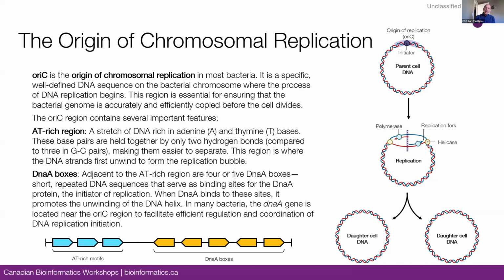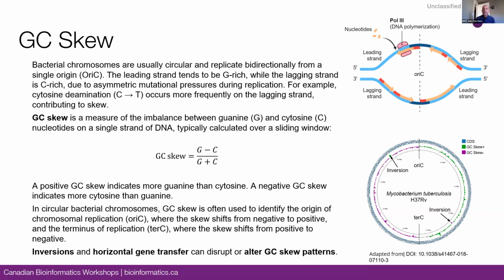Okay, so GC skew. It's similar to GC content, but it's a little bit more nuanced. Where GC content is measuring the GC composition over both strands, the total base composition of your genome, GC skew is measuring the imbalance between the guanine and the cytosine, the G and C, on one strand versus the other.